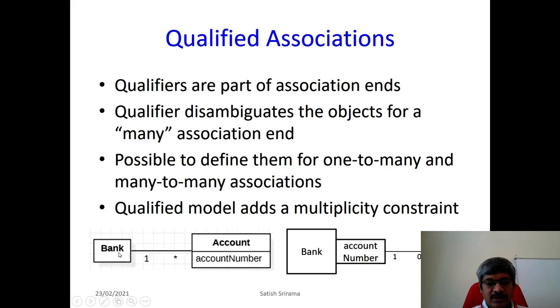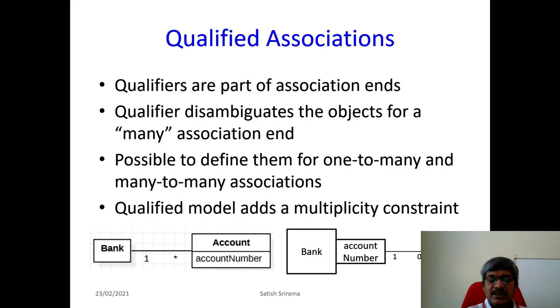Say a bank can have multiple accounts, but if there is a bank and you give an exact qualifier like an account number for that particular bank, that will associate to exactly one account, isn't it? There is an SBI bank, and if I give you an account number as well, that will link to exactly one account if it exists, or there is no account existing.